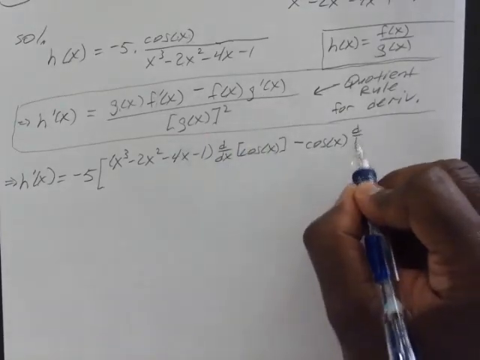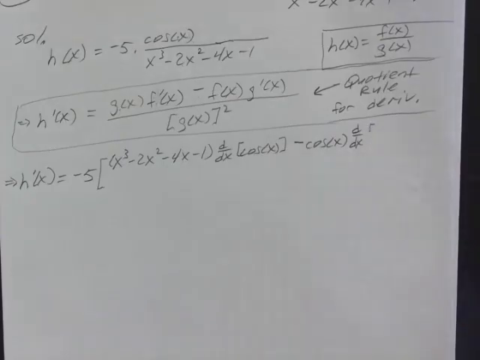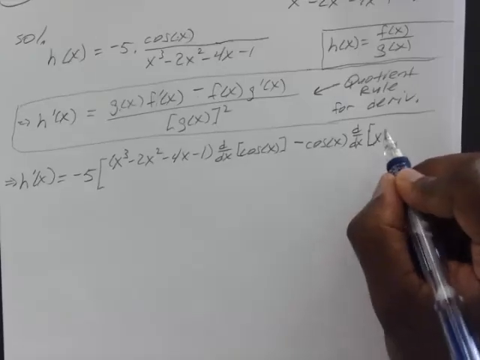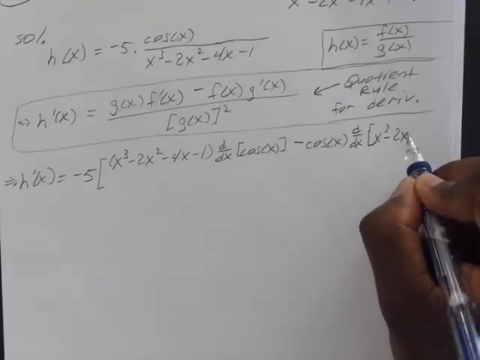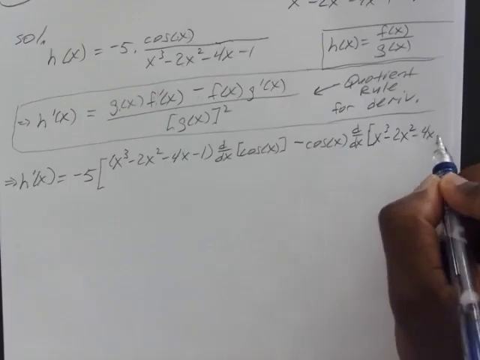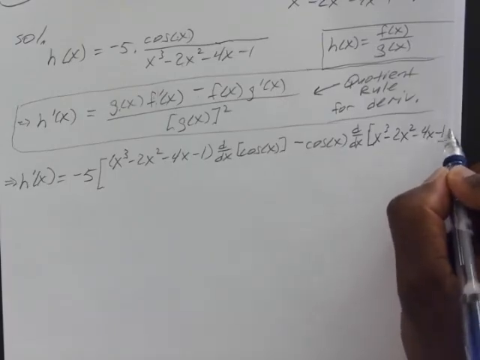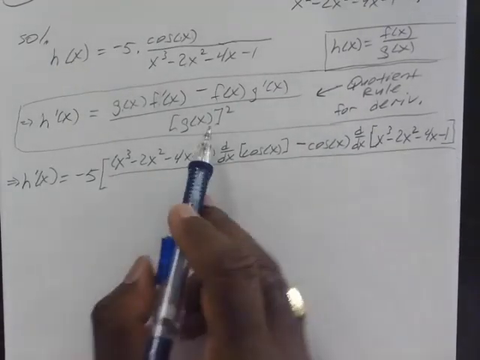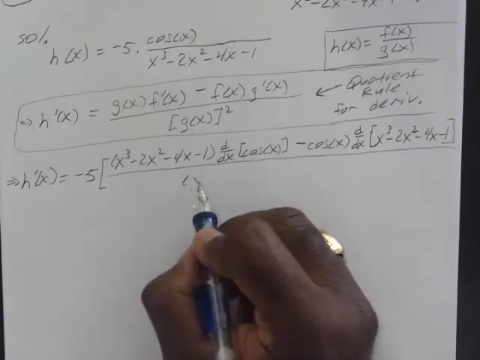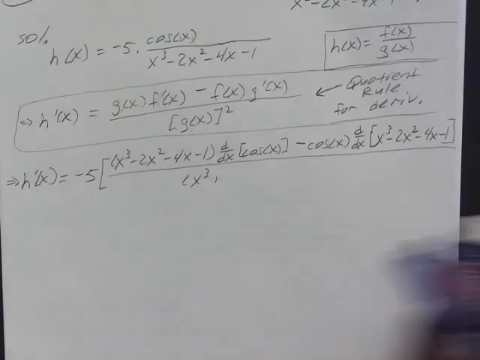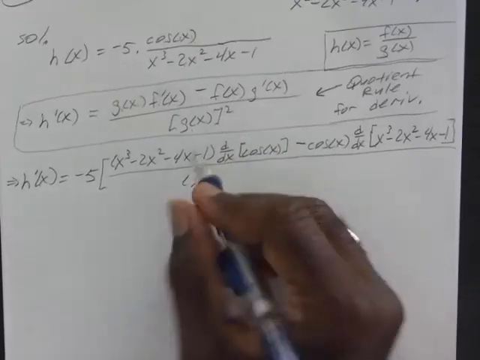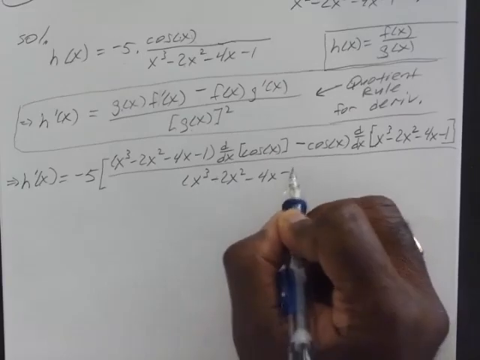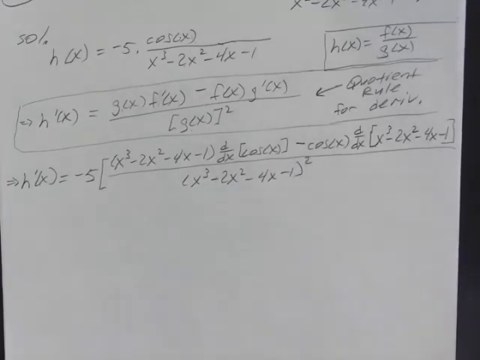So that's times the derivative of x to the third power minus 2x squared minus 4x minus 1, all divided by your denominator squared. So that's x to the third power minus 2x squared minus 4x minus 1 squared.